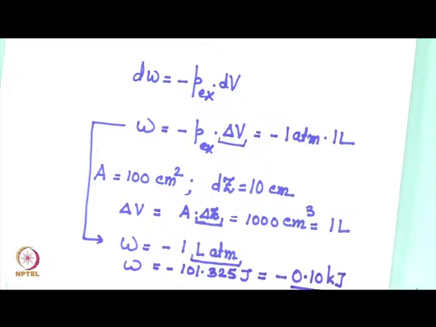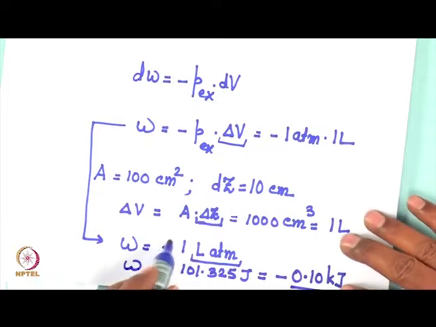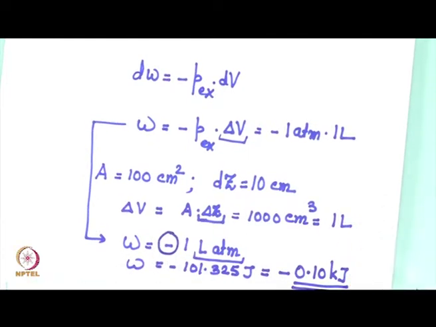Please note that the sign is negative. You know, in thermodynamics, let us not just go by the numbers. Numbers have certain meaning, but in addition to the numbers, the sign also has a lot of meaning.